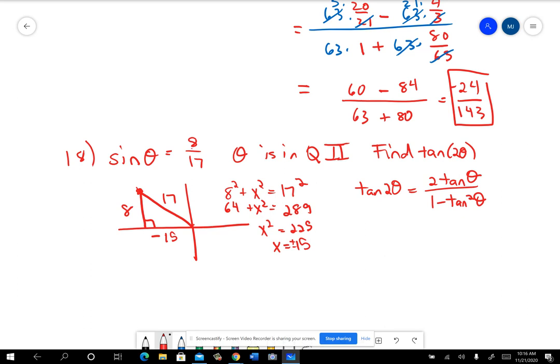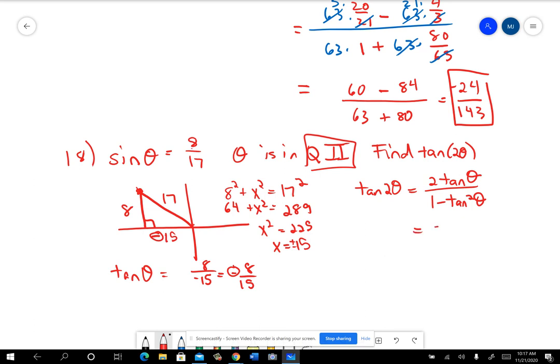So I want to put the negative on the 15 so I have my sign correct. All right, so then I just need tangent of theta. Tangent of theta should equal opposite over adjacent, so it's negative 8/15. If you didn't put the sign on your triangle, then you should think you're in quadrant 2, so you know tangent has to be negative. Either way, you have to get that tangent to be negative or you're going to mess up.